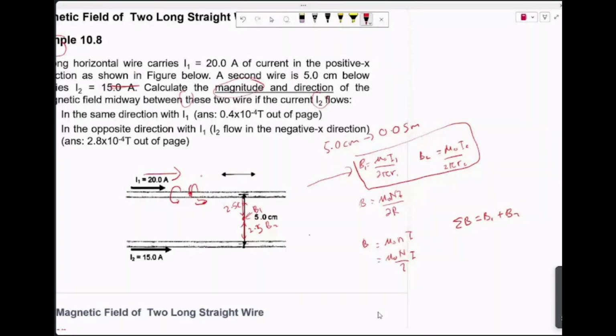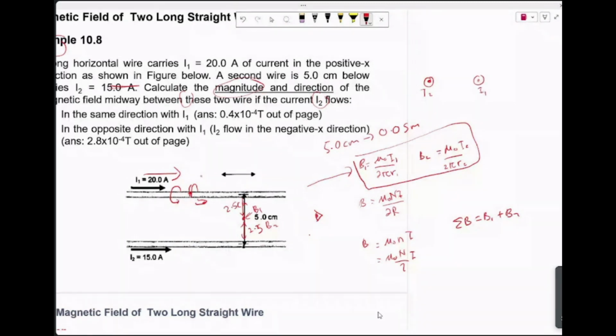So what you're seeing here is like a curve. If I were to see from this side, exactly from this side, what you're seeing here is the current. This is for I2, and this is for I1.